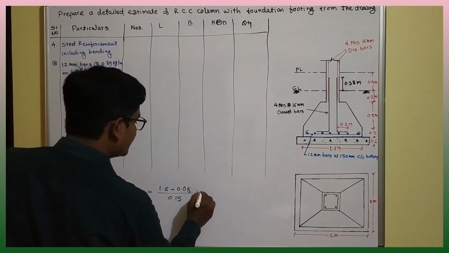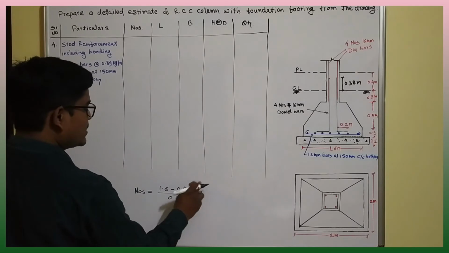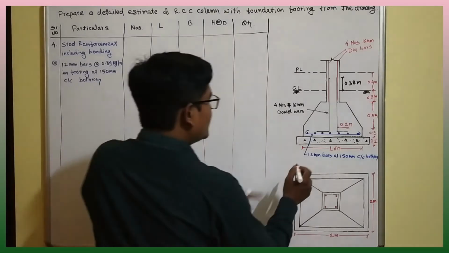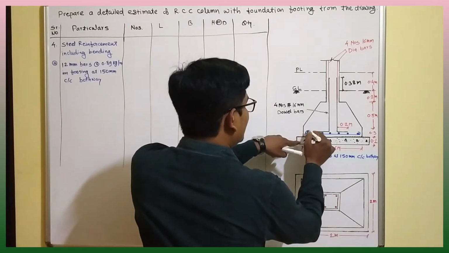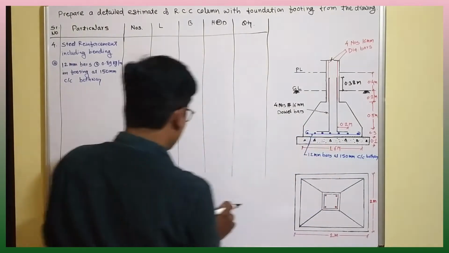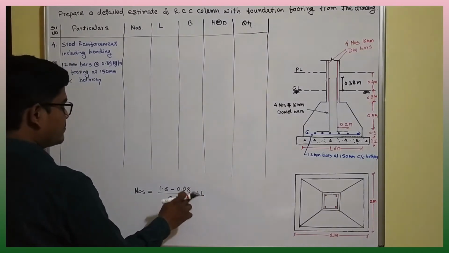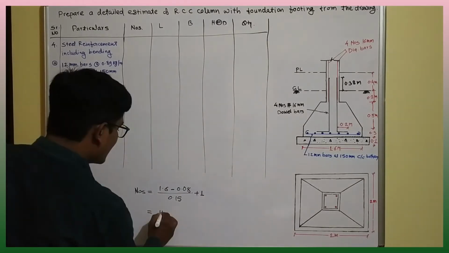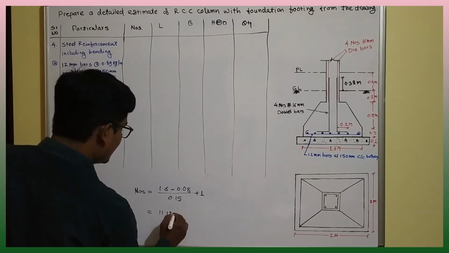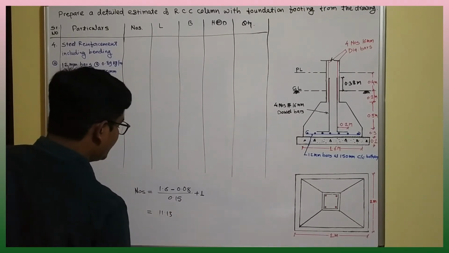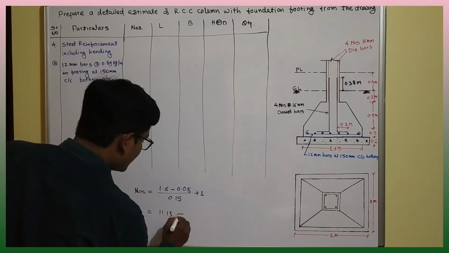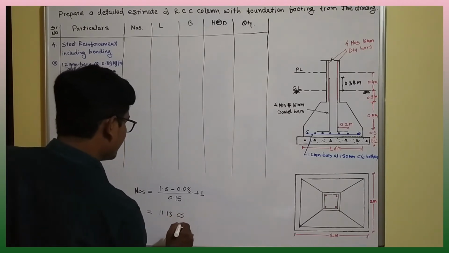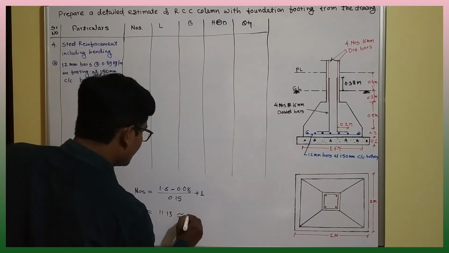Plus 1. Why do we add this one? Because we provide the reinforcement from the starting point. Here is the starting point. So that's why we add the 1. After calculating this, we will get 11.13 numbers. So it is 11.13, and I will round it to 12 numbers.